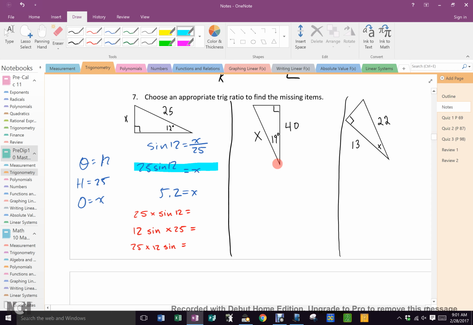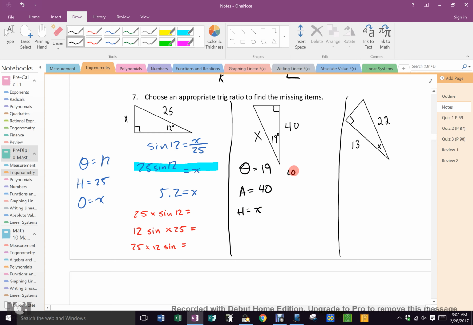So, let us go on to the next one. What is my theta? 19. What else do I have? An adjacent of 40. What do I need? A hypotenuse of x. What uses A and H?